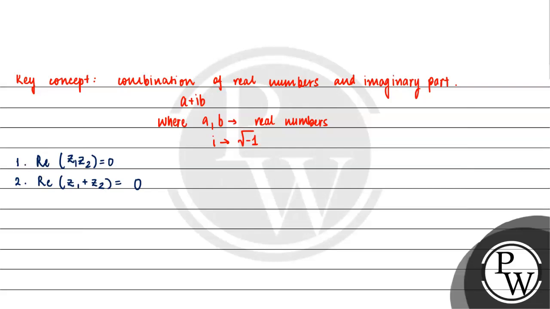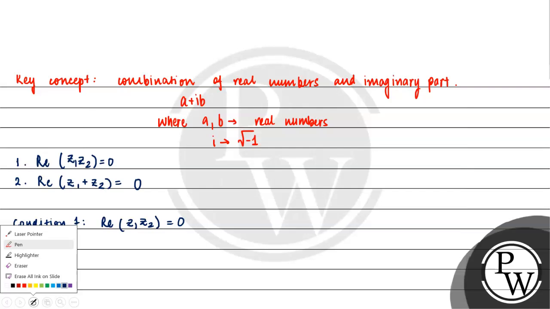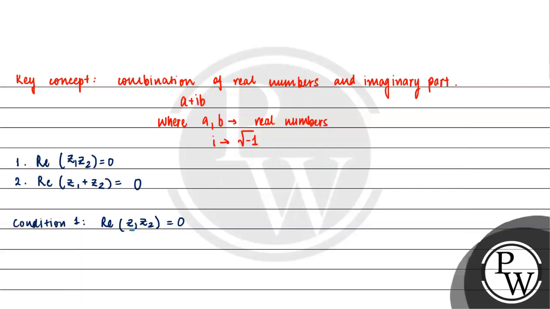So अगर हम condition 1 की बात करें यहाँ पे, which is our real part of z1 multiplied by z2 is equal to 0. तो हमें पता है that the product z1 and z2 is purely imaginary.